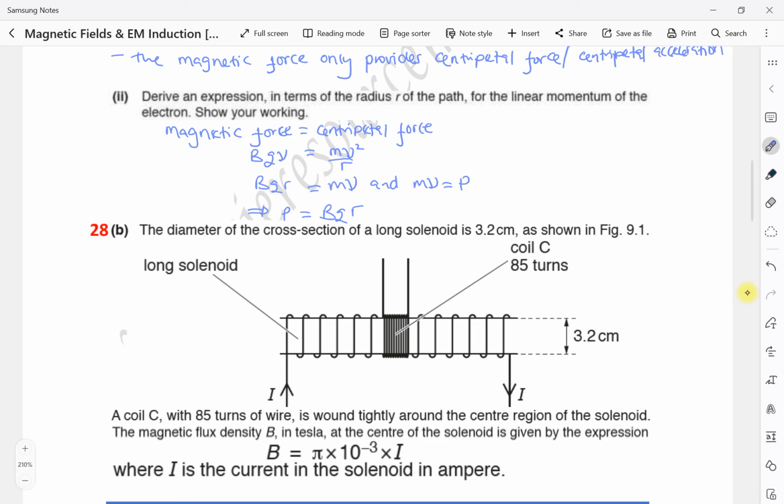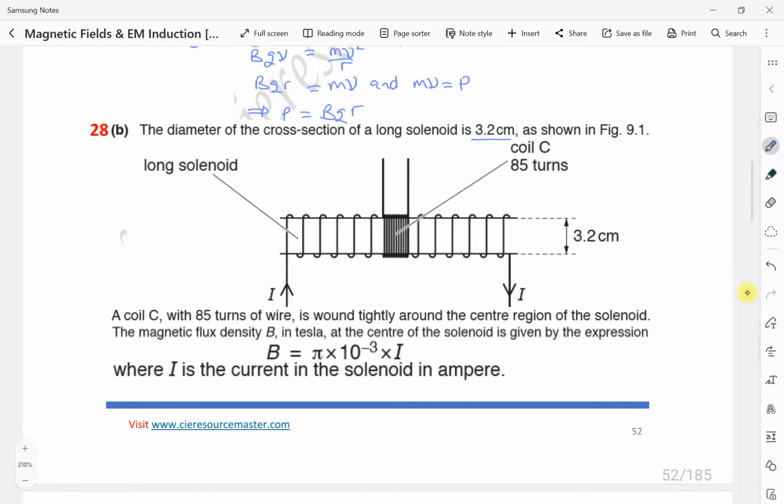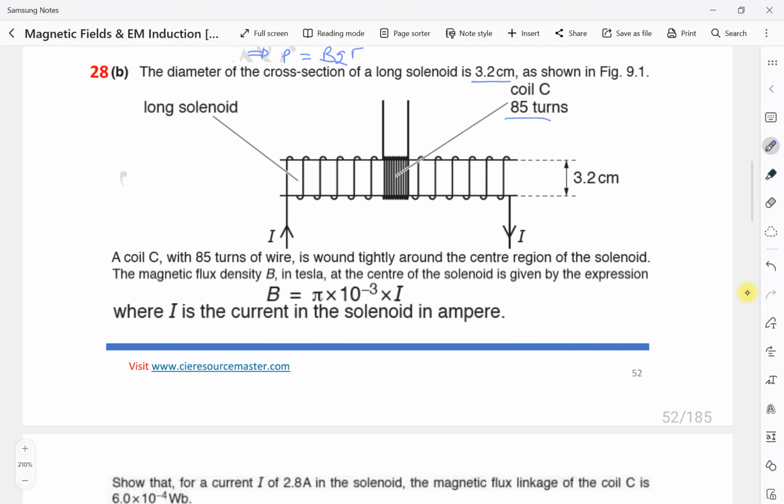The diameter of the cross-section of a long solenoid is 3.2 centimeters, as shown in the figure. So this is a long solenoid. It has 85 turns. A coil C with 85 turns of wire is wound tightly around the center region of the solenoid.